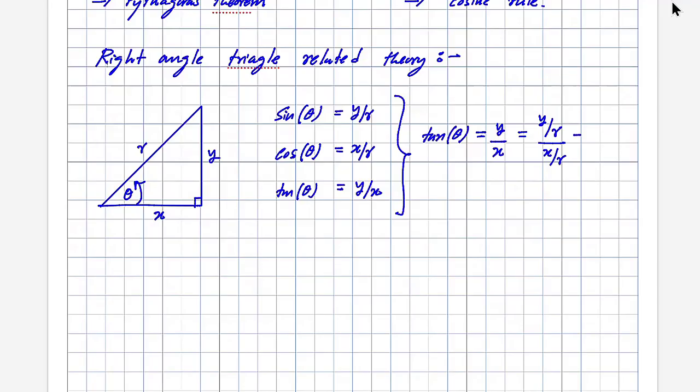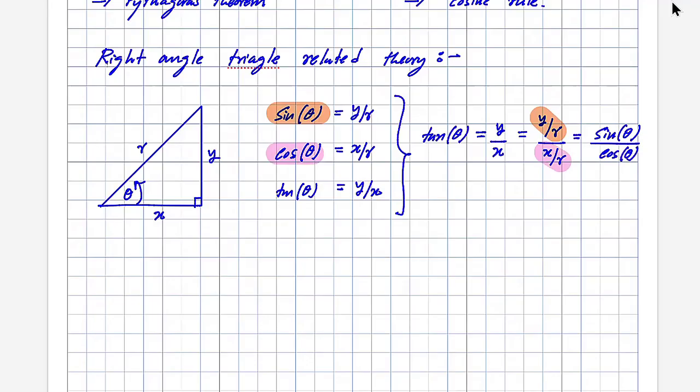Now you will understand Y divided by R is sine theta. And you will see X divided by R is cos theta. So you can write this one as sine theta divided by cos theta.